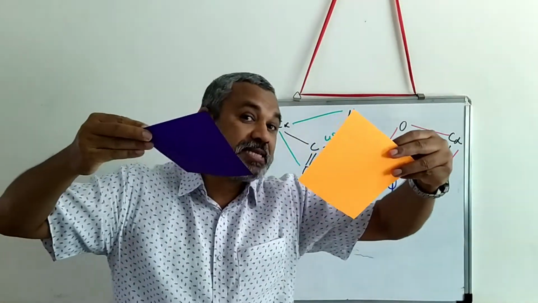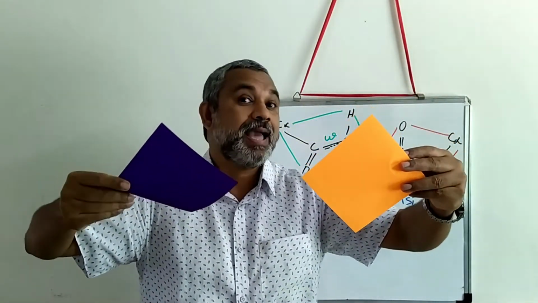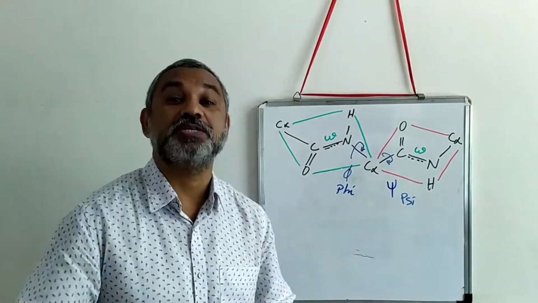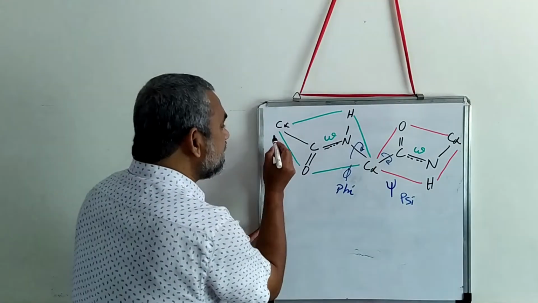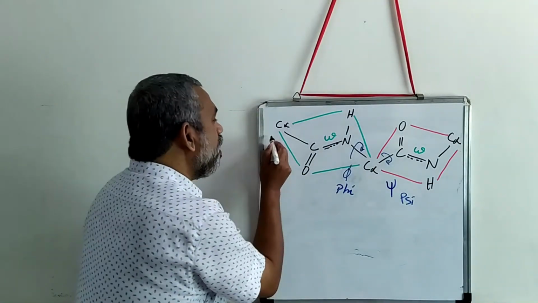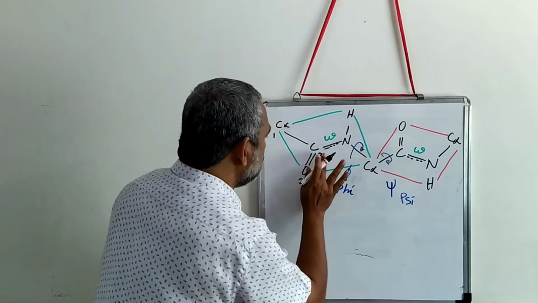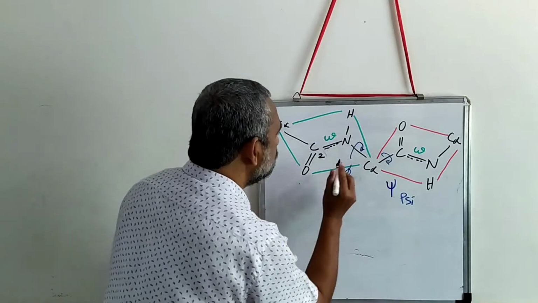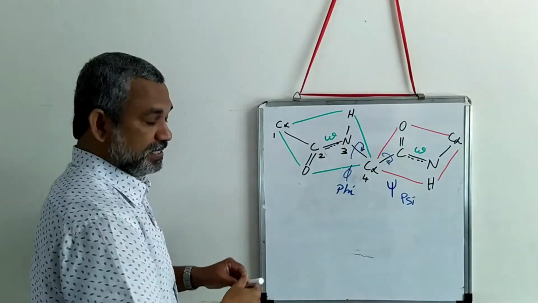So both the planes are able to rotate in the positive direction, and we shall look at which rotations are possible. Let us number these atoms 1, 2, 3 and 4. Let us consider this.